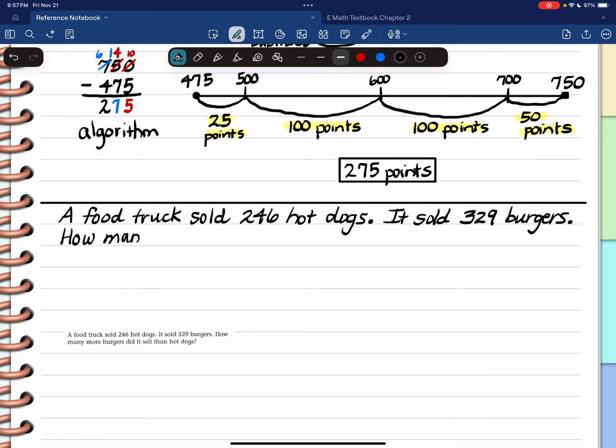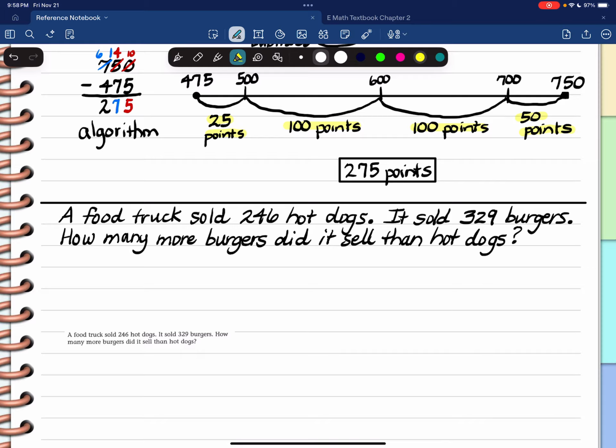How many more burgers did it sell than hot dogs? Question mark. So as soon as I see that question mark in my notes, I'm going to highlight that question.